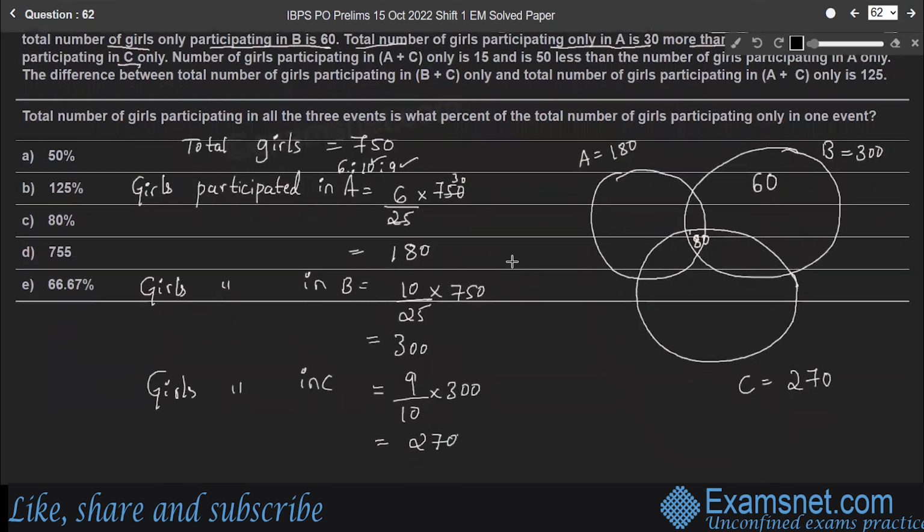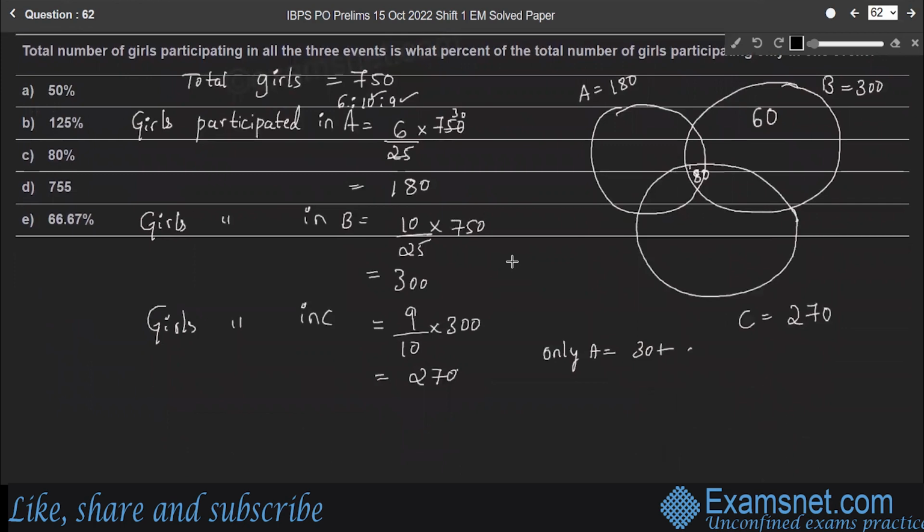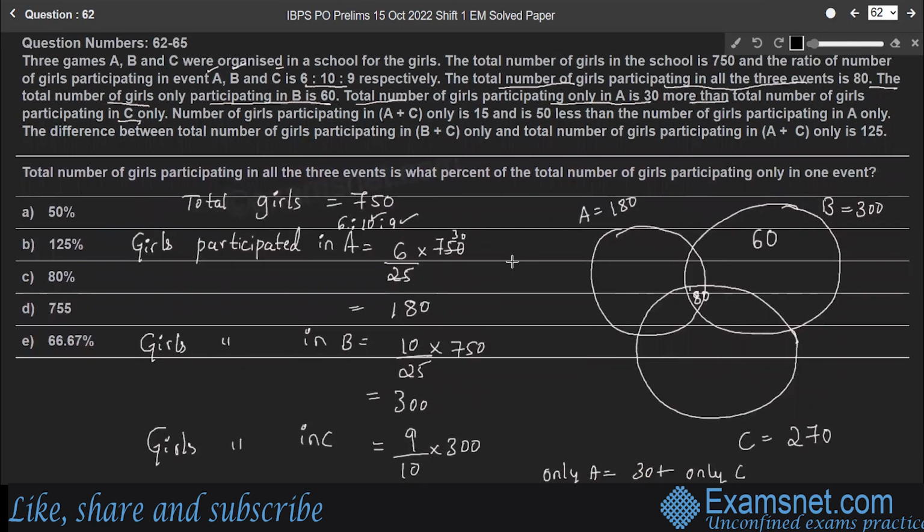So only A, number of girls in only A is 30 more than total number of girls participating in only C. So 30 plus only C. Right? So for that we need only C. What number of girls participated in only C? So we'll consider this point later.